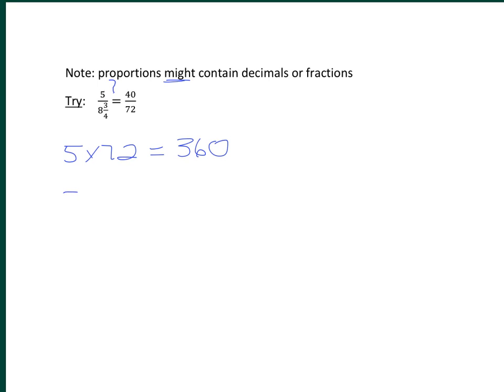Then let's do 8 3/4 times 40. Since that's fraction multiplication, we need to change the mixed number to an improper fraction. So 8 times 4 is 32, plus 3 gives us 35 over 4, times 40 over 1. And notice that we can divide one numerator and one denominator by 4.